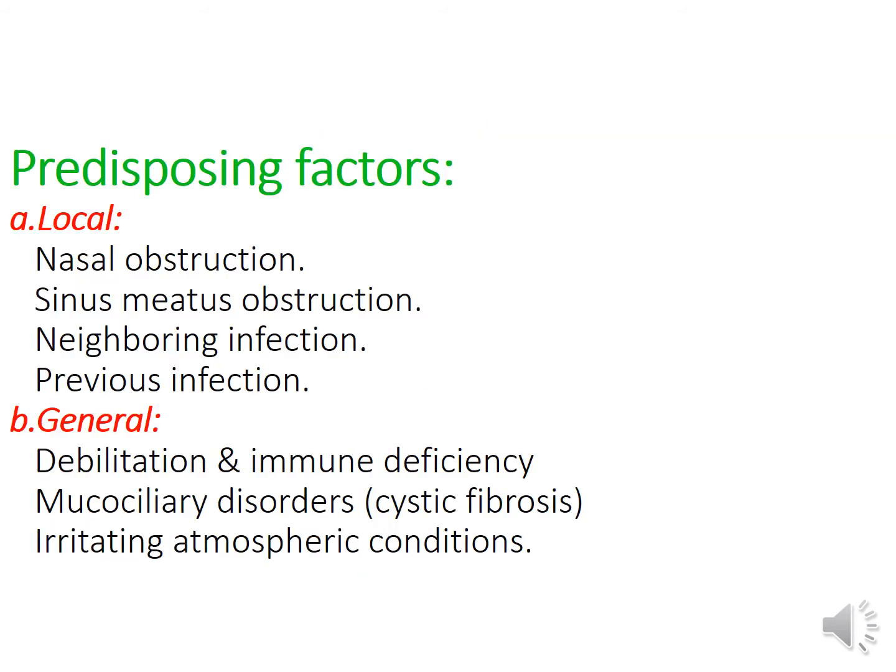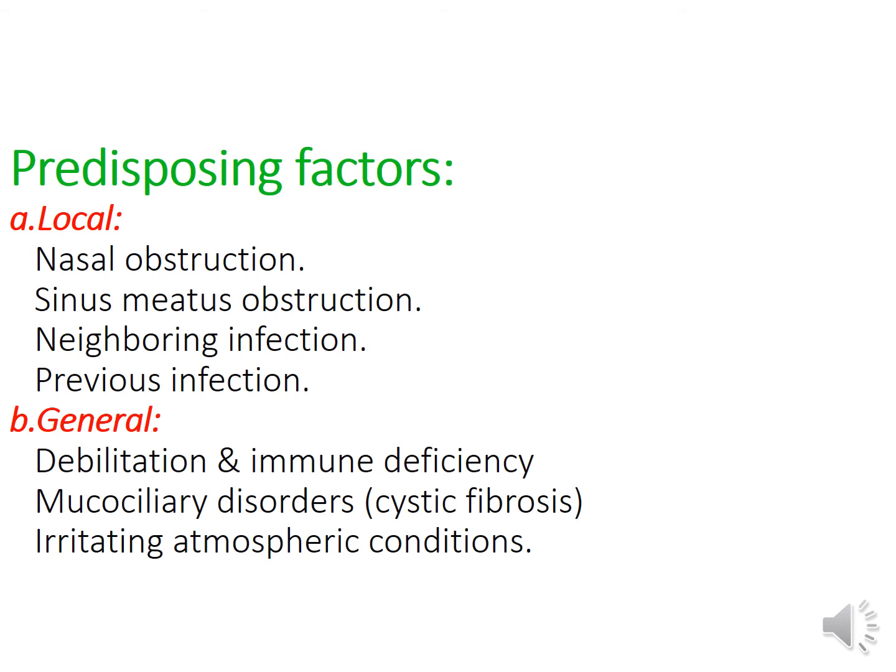Predisposing factors: any local cause of obstruction in the meatus or the nasal cavity, neighboring infection, or previous infection in the same sinuses can predispose to repeated acute attacks of infection. Any obstruction in the nasal cavity, whether by tumor, polyps, septal deviation, or foreign body, can cause acute infection of the sinuses.